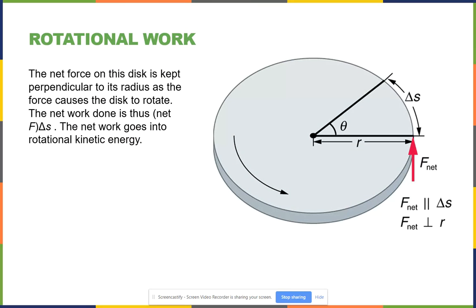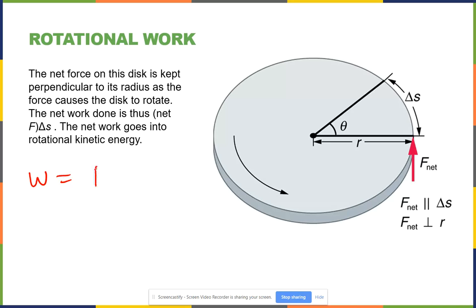Work. We've been talking about kinetic energy, rotational kinetic energy, 1/2 I omega squared. The rotational equivalents for Newton's second law and for angular momentum: L is equal to I omega is equal to R cross P, and the net torque is equal to I alpha is equal to change in angular momentum over change in time.